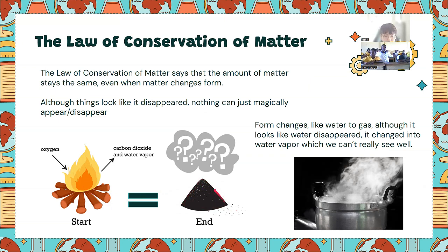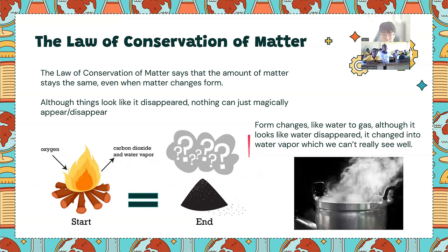But ultimately, the law of conservation of matter states that the amount of matter inside the ash and inside this log are the same. It might not exactly be the same because you can see the carbon dioxide and water vapor leaving from the substance as the wood burns, but the law states that it's approximately the same. Same amount of matter at the start in the logs and at the end in the ashes.